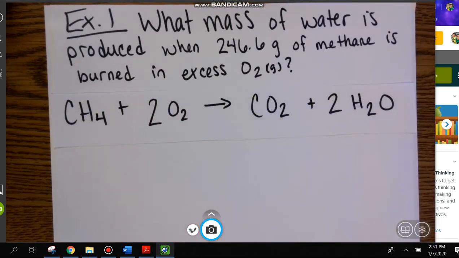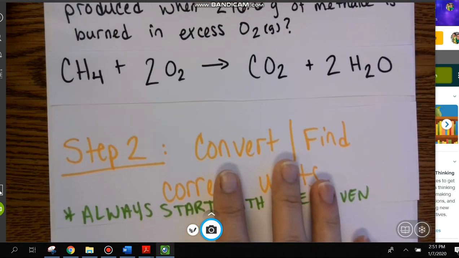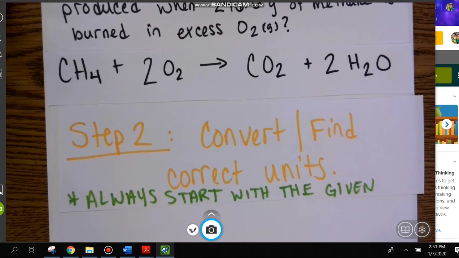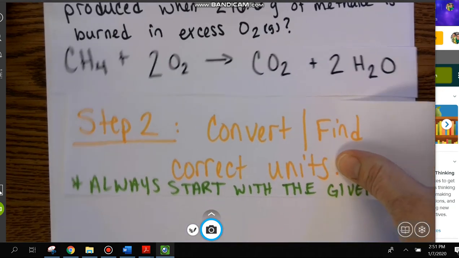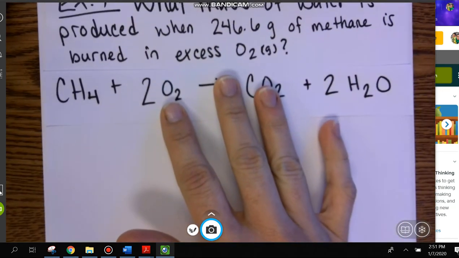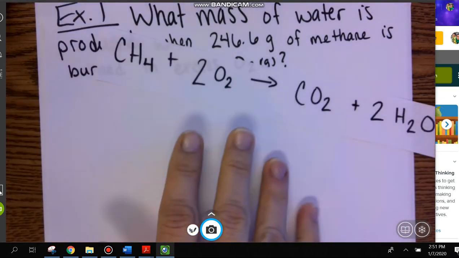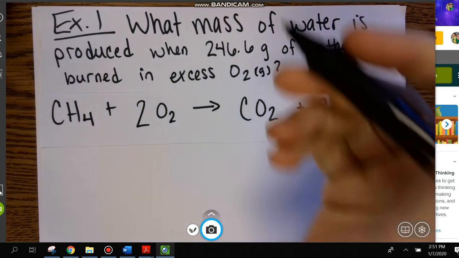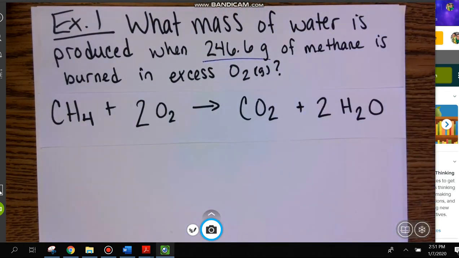Okay? So the next thing that you need to do is convert or find the correct units. You're always going to start with the given. Okay, so always start with the given. In this particular case, we are going to start with this 246.6 grams of methane.